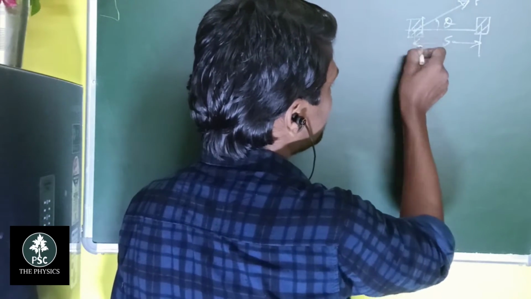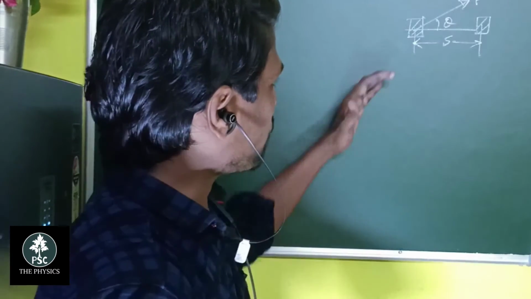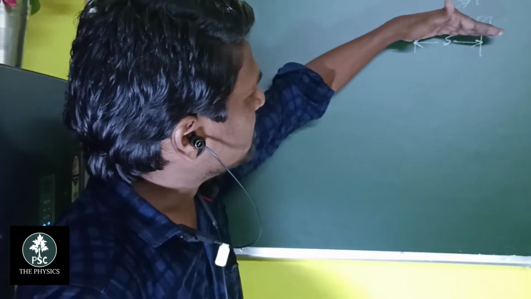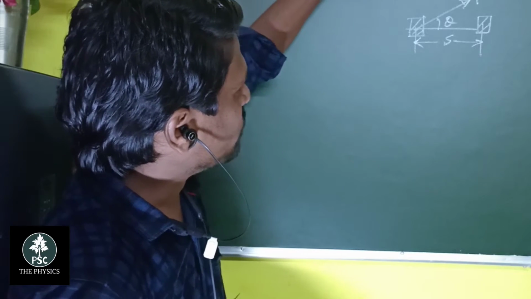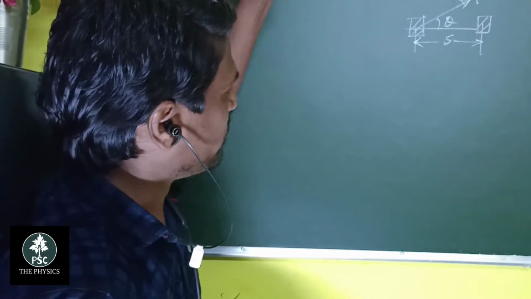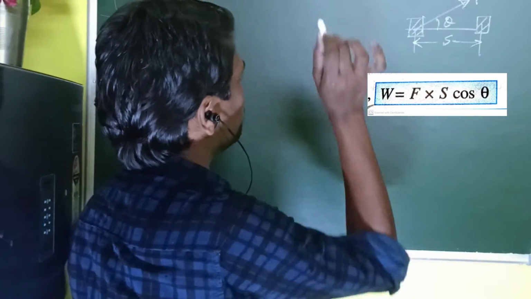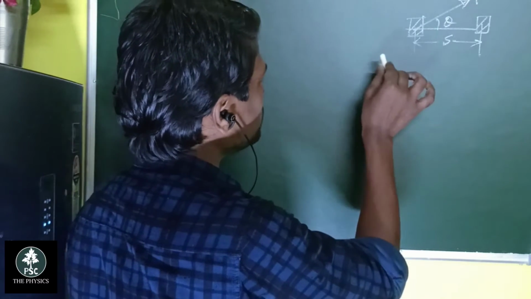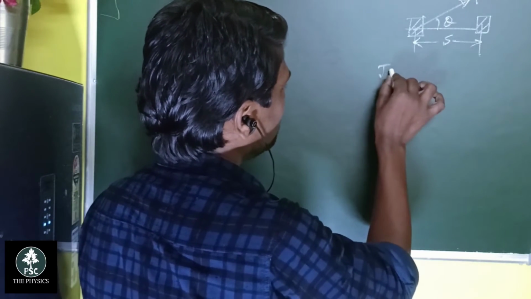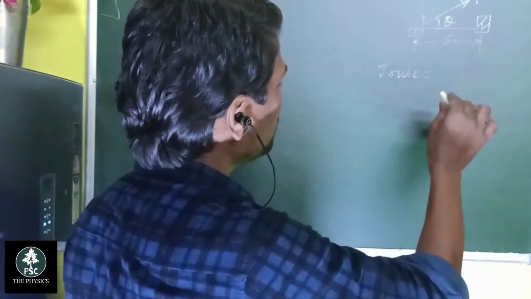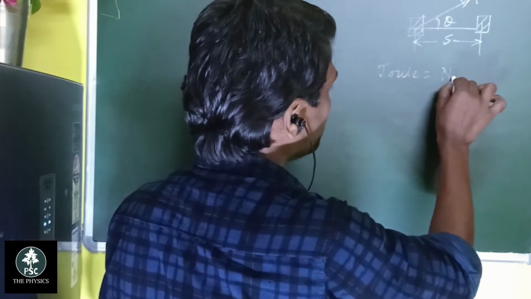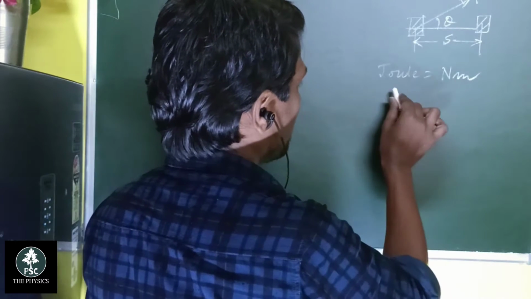The component of force along the displacement is F cos theta, and F cos theta into S, the product of force and displacement, is the work done. The unit of this is the joule, and joule equals Newton into meter.